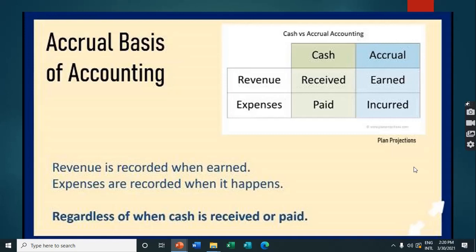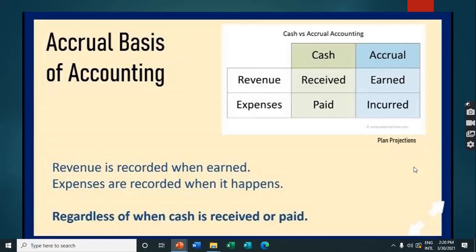So, let's take this example dito sa box. For example, in the revenue event natin, yan, in January 1, na-receive mo lang yung bayad ng customer sa'yo ng February.